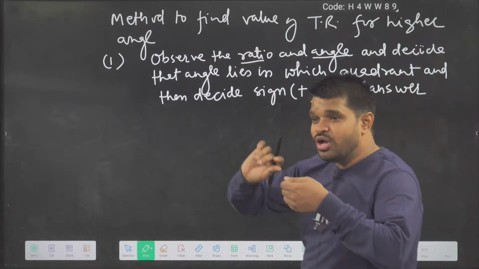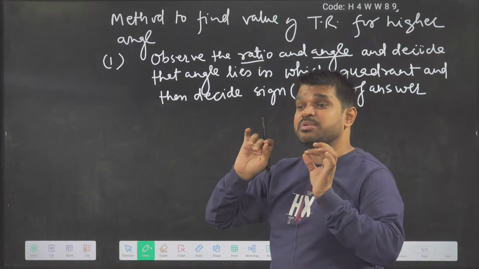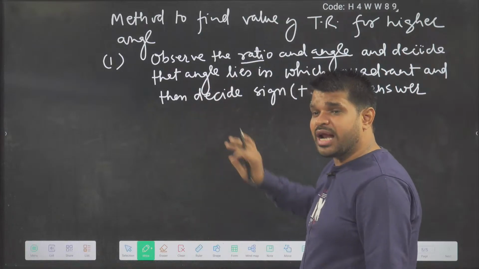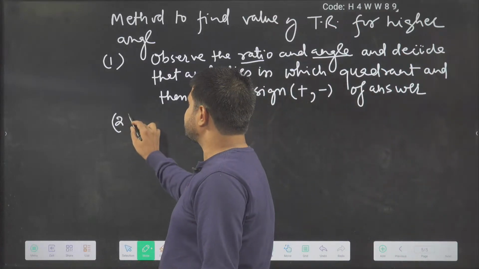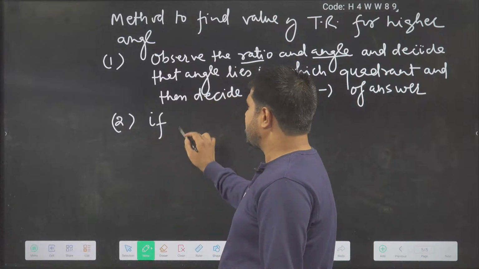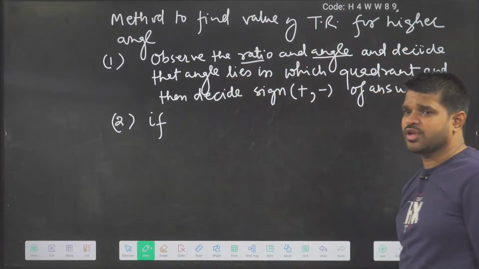Okay, now the second step is very twisted. So listen very carefully. I am writing and I will give you an example also. Everyone first copy it, because I need space.